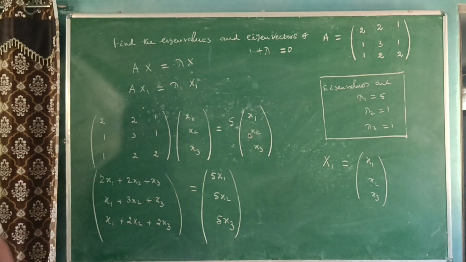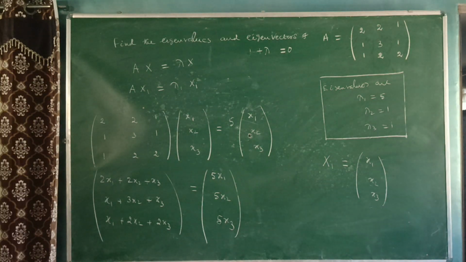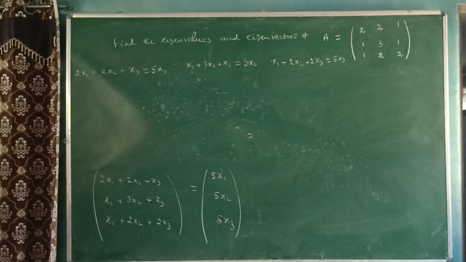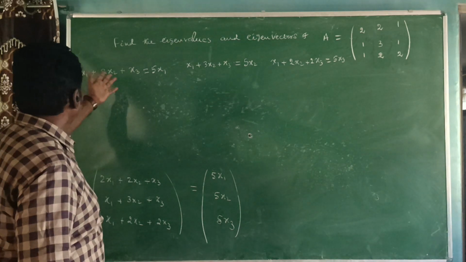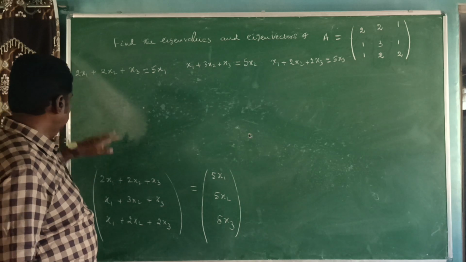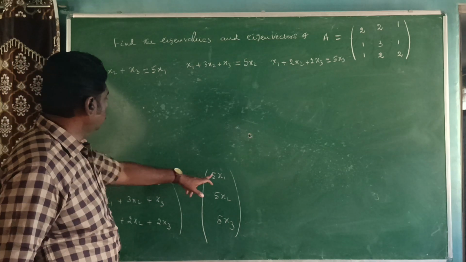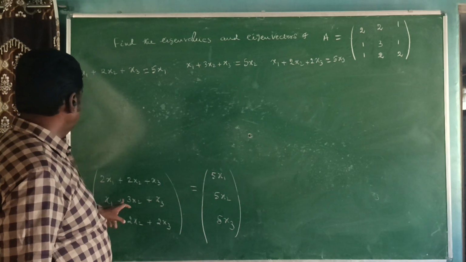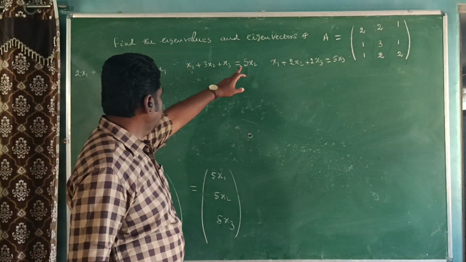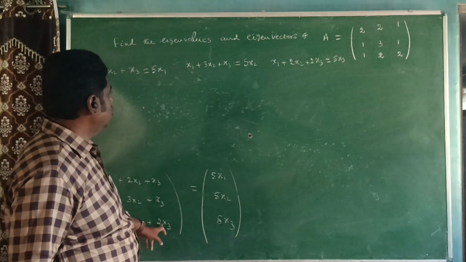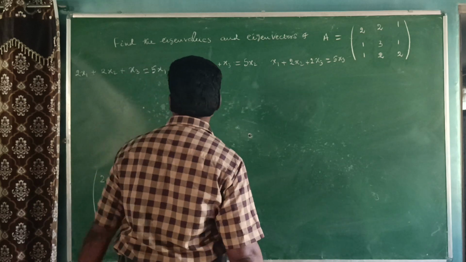Now we have to write the equations separately. 2x1 plus 2x2 plus x3 equal to 5x1. x1 plus 3x2 plus x3 equal to 5x2. x1 plus 2x2 plus 2x3 equal to 5x3.